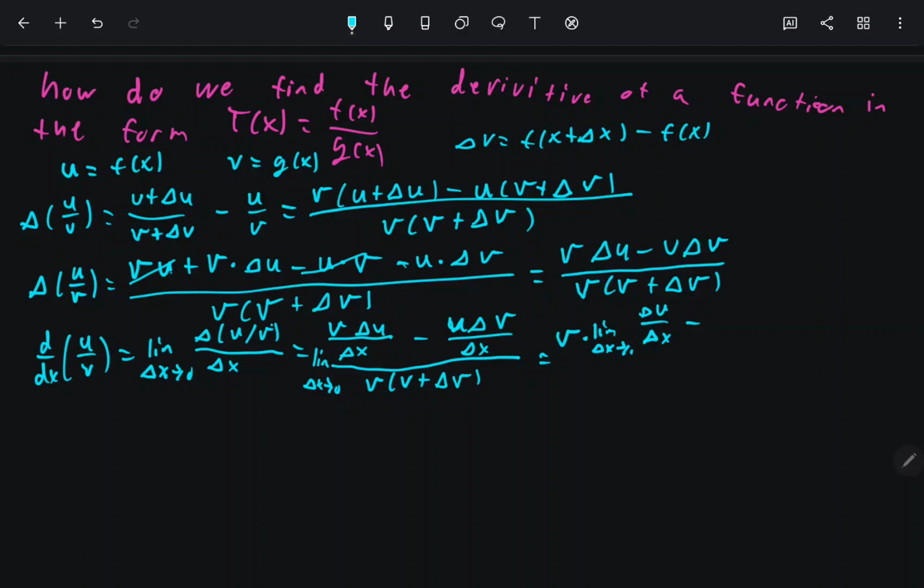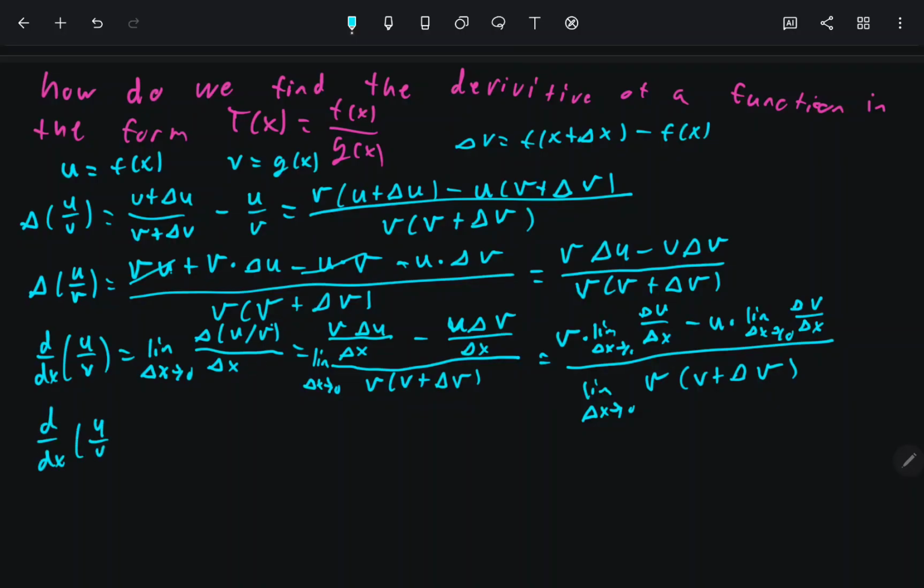Minus u times the limit as change in x approaches 0 of change in v over change in x, all over the limit as change in x approaches 0 of v times v plus a change in v. So I want to just start out with this bottom one. And I'll start defining what this actually is over here as I slowly walk through this.